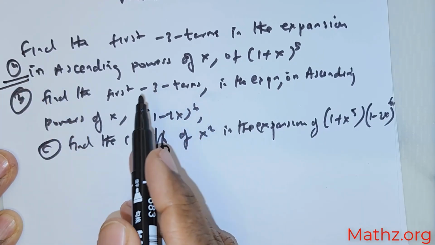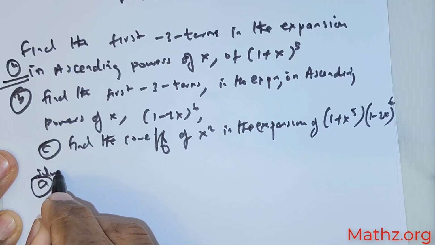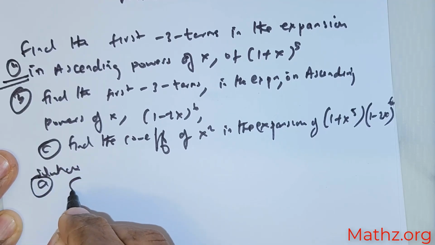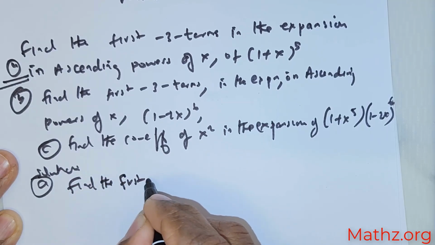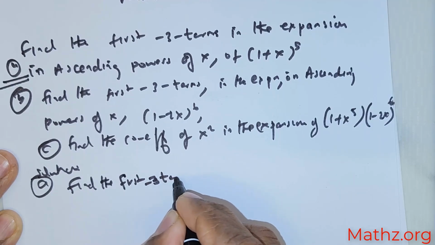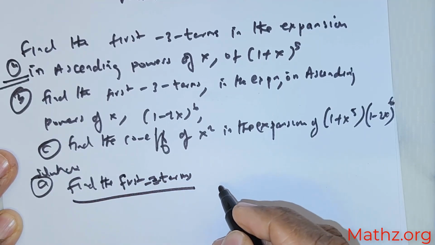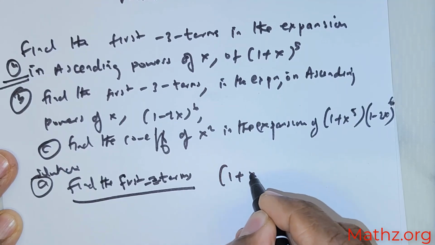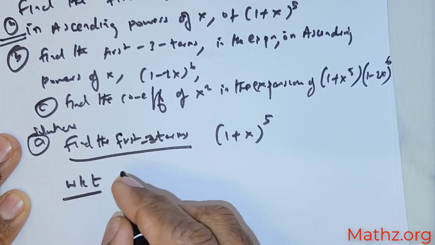Part A wants us to find the first solution. Solution for part A is what? Find the first three terms of (1 + x) raised to the power of 5. Now we know the binomial expansion.